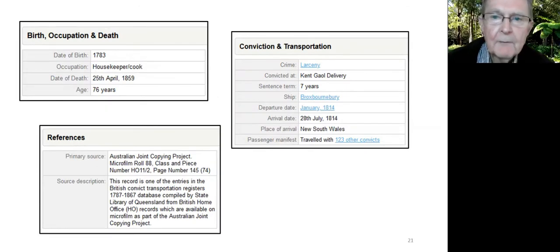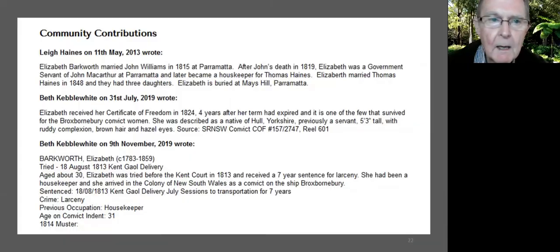So we go through the various screens giving us the details of Elizabeth Barkworth. We can see all of the information: date of birth, her occupation, date of death, how old, the crime she committed, where she was tried, and so on. I also see these are community contributions.